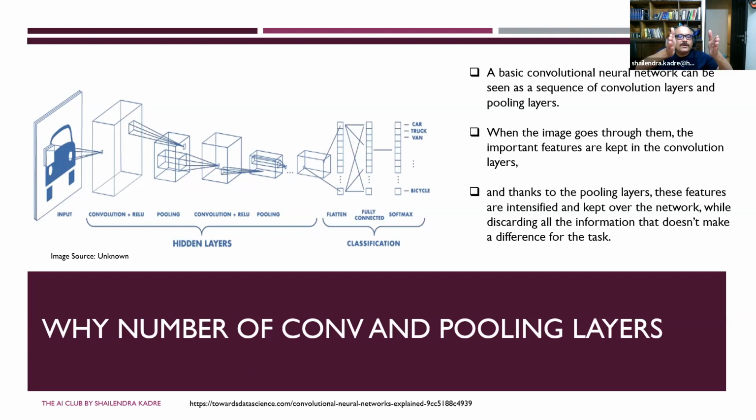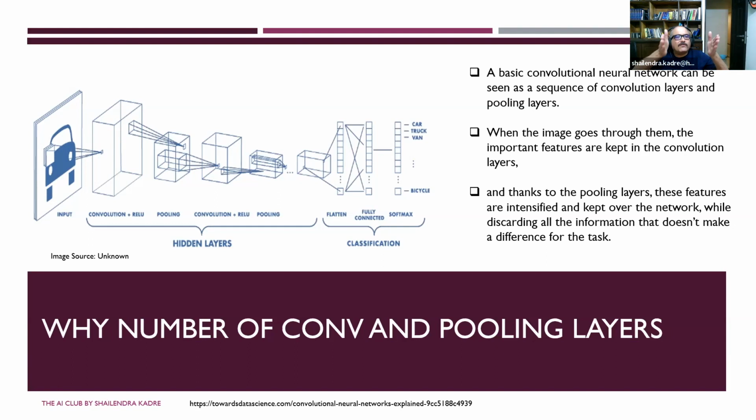Means the convolution layer will make a feature map. The pooling layer, what will it do? The pooling layer will further intensify it, reduce the dimension, and reject all the extra or unnecessary detail. Whatever pooling output you get, you feed again into a convolution layer. The same thing keeps on repeating.